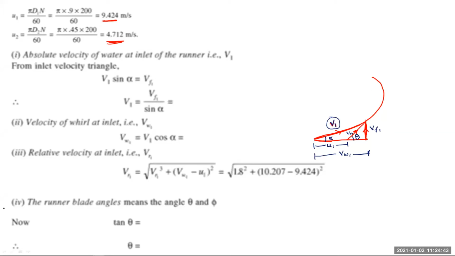Now coming to your outlet triangle side, let me take that red color. On outlet side, we know that it is radial outward, so beta will be 90 degree, and there will be one tangential line through this, and you connect this. On the outlet triangle side, we know that this tangential line is nothing but your VR2.